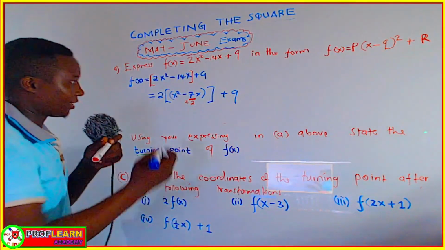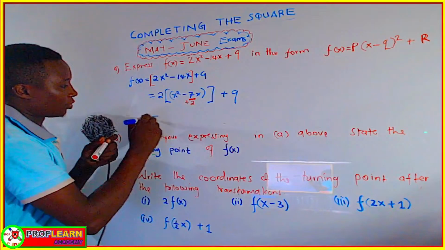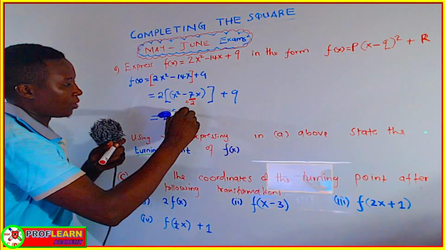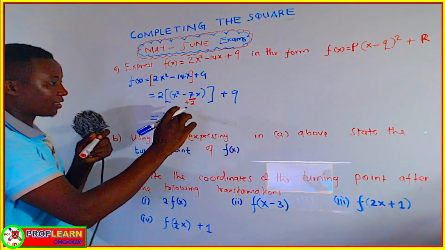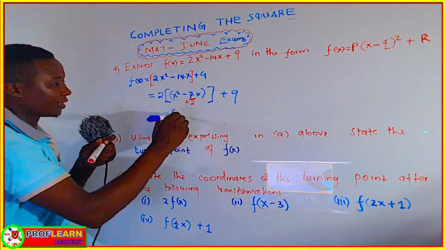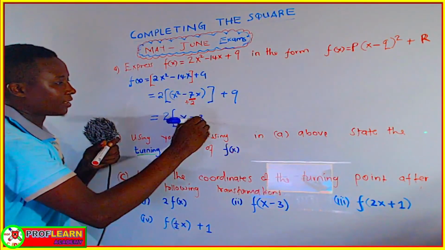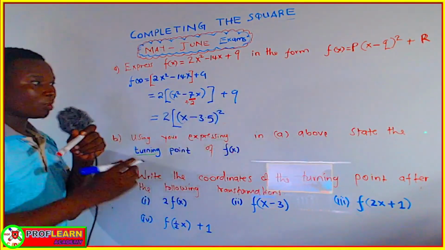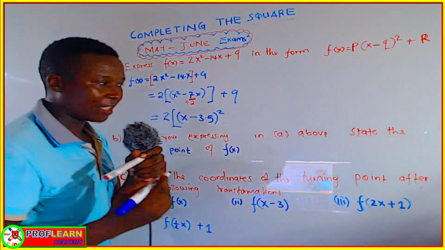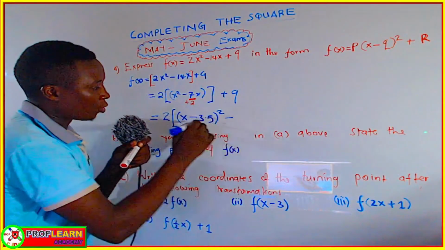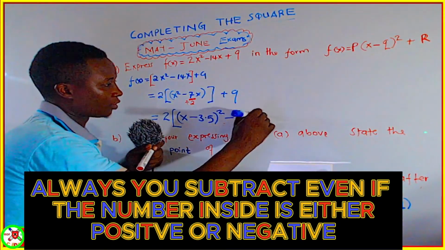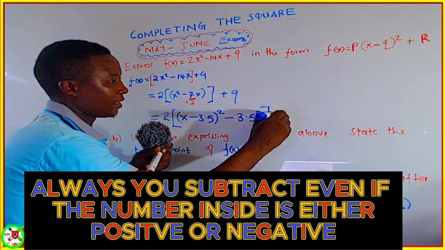So this is going to translate to 2 into bracket x squared. Now that we are completing the square, we say this is x minus 3.5 squared. Once you are at this step, you subtract the square of the number inside here, 3.5 squared, then plus 9.